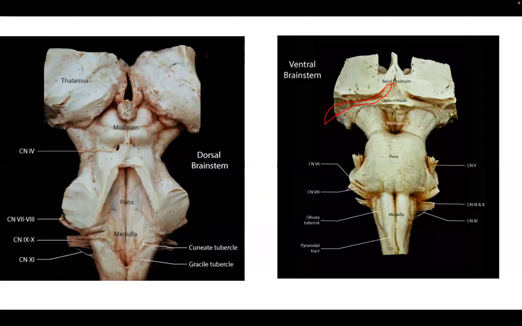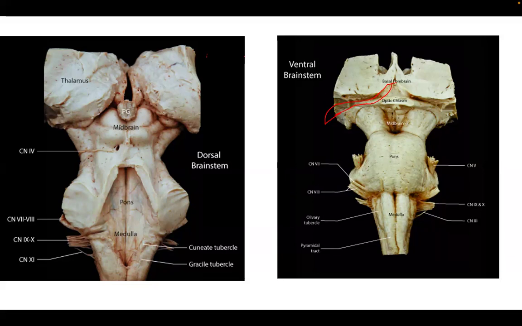Subsequently, we will be discussing the anatomy of the cerebellopontine angle because it's a very important region, and it's something that needs to be discussed for individuals aiming to learn neuroanatomy.